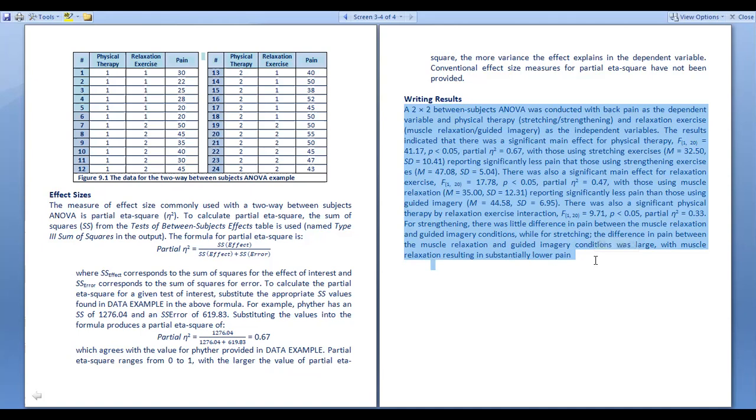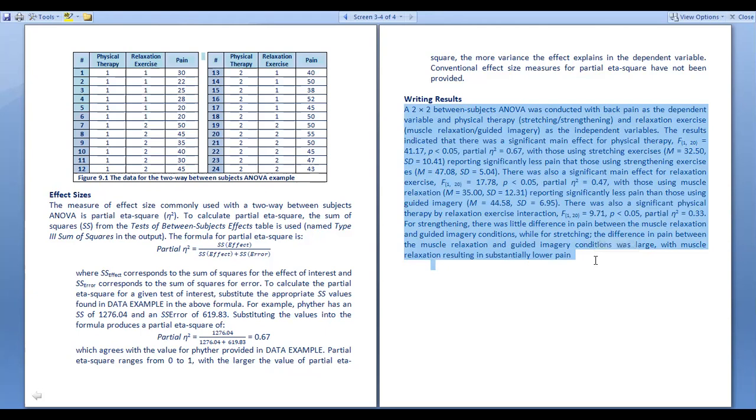There is also a significant physical therapy by relaxation exercise interaction. F 1, 20 is equal to 9.71, P is less than 0.05, partial eta square is 0.33.